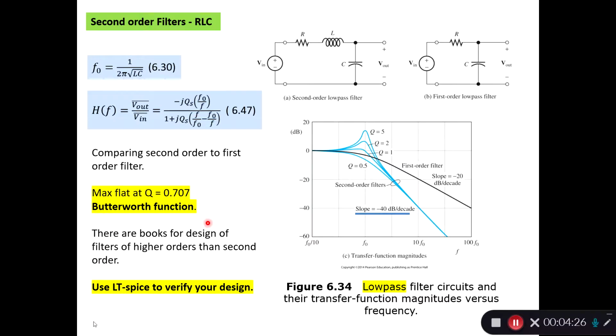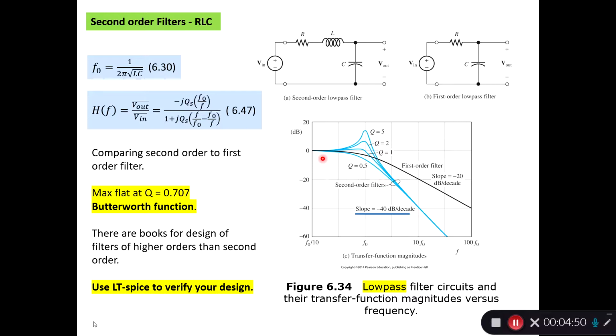Butterworth function. We will see later that the Butterworth function is one that gives a maximally flat slope in the magnitude in dB of the filter. This is normally wanted so that we don't have this peaking.